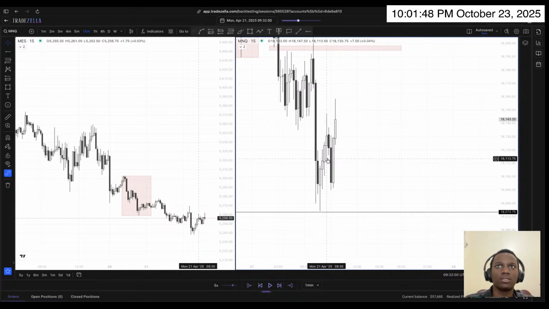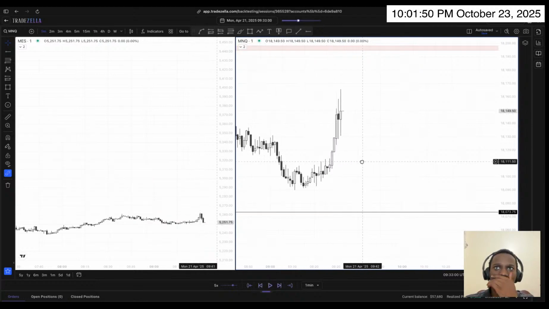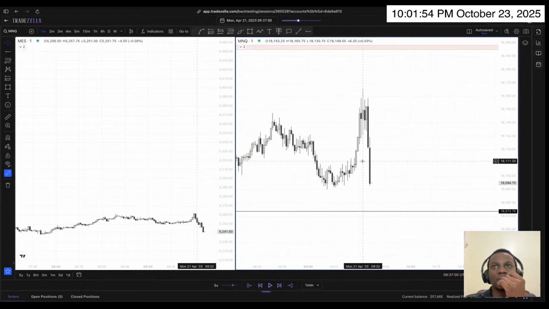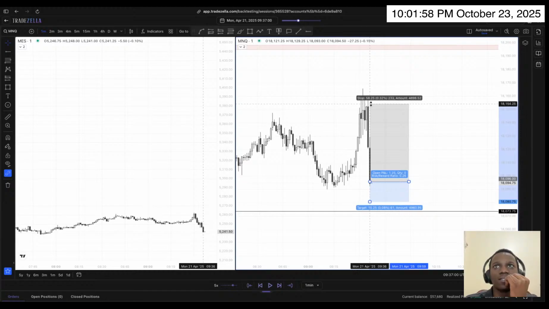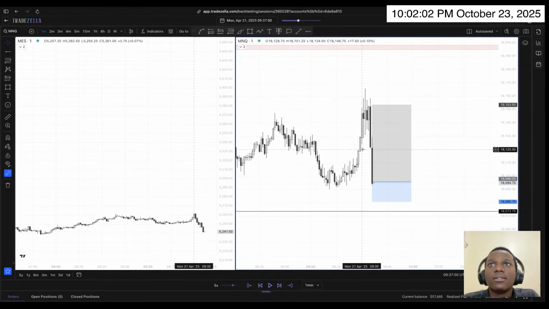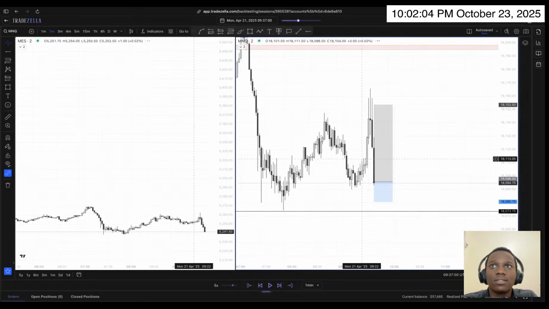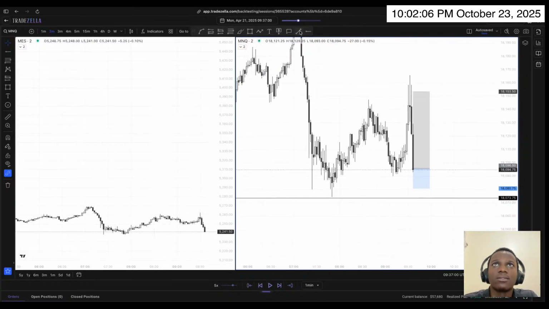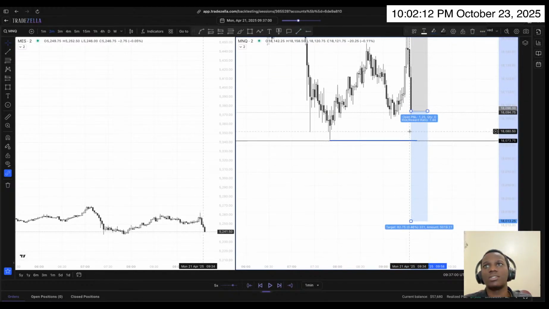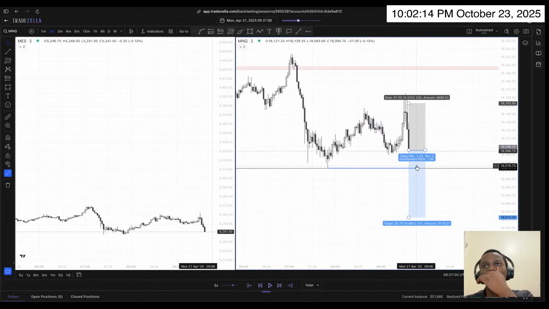So this high here, run. Yikes. Inversion here. Let's take it 1.15 here. But right here I'm gonna go to break even because bro.